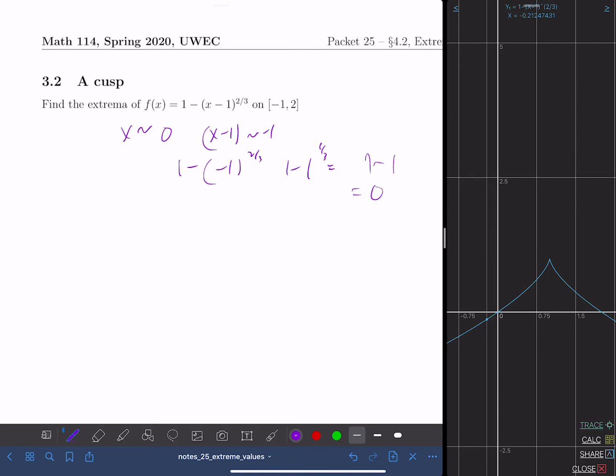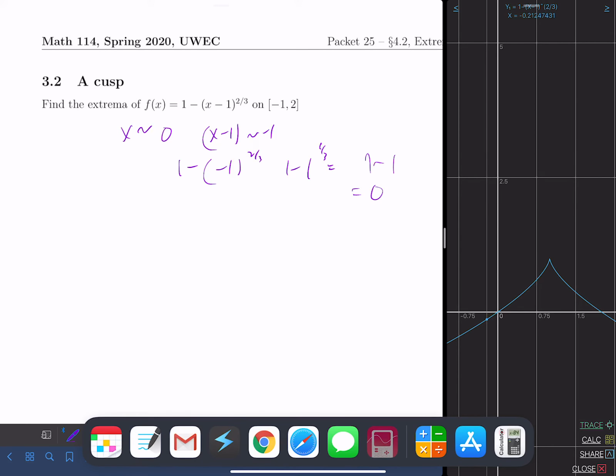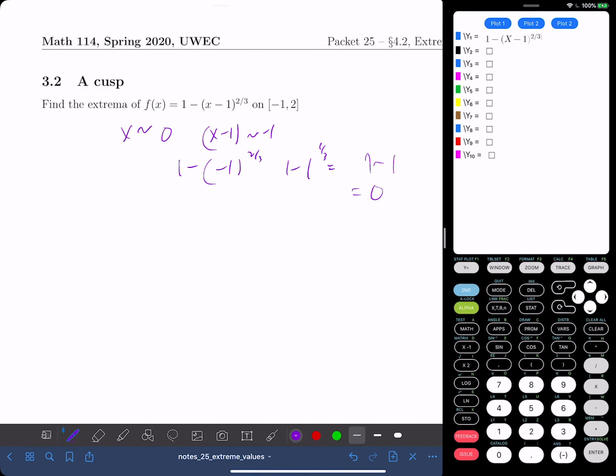Why wasn't it? Was that because the window? Oh, I know what it was. No, that wasn't a calculator bug. That was user error. Let's see, because I think y equals, no, clear, -1 to 2? Clear 2.